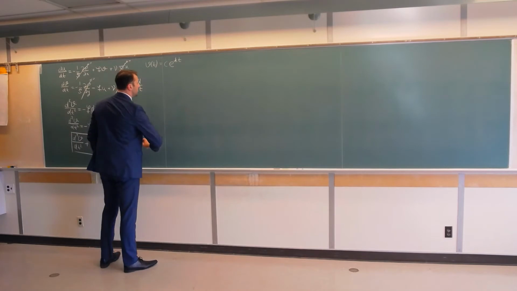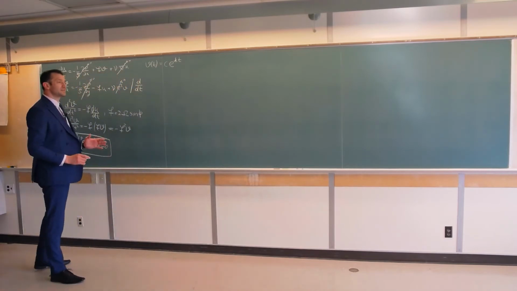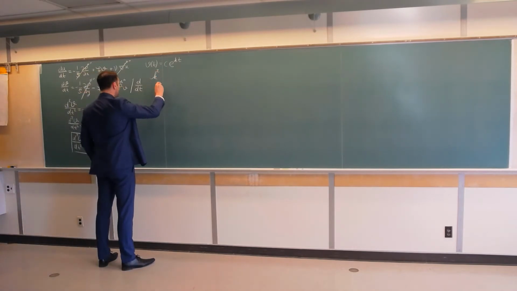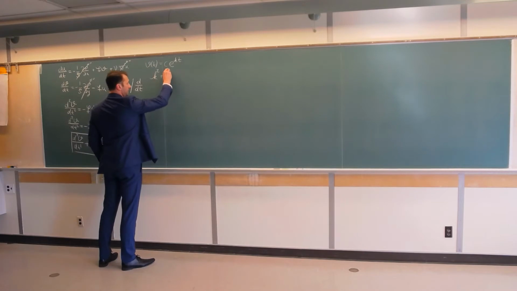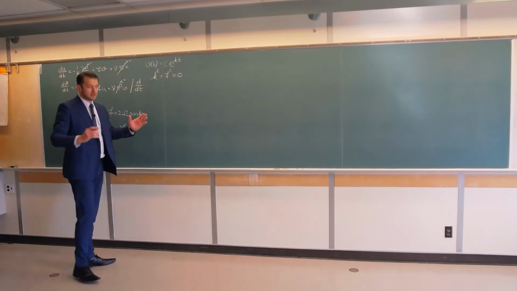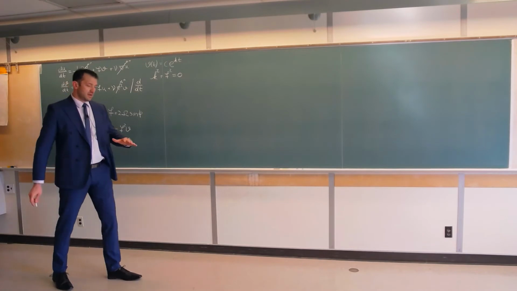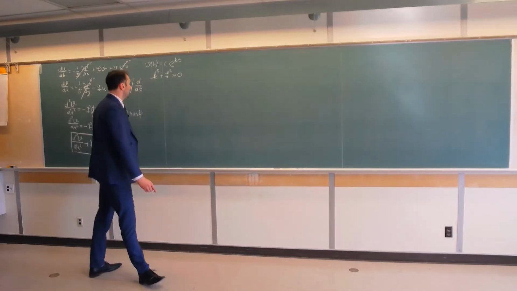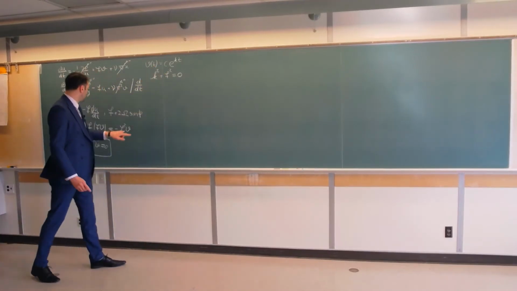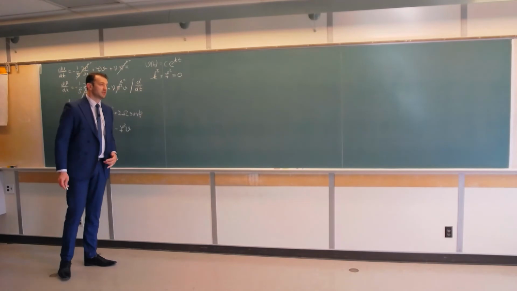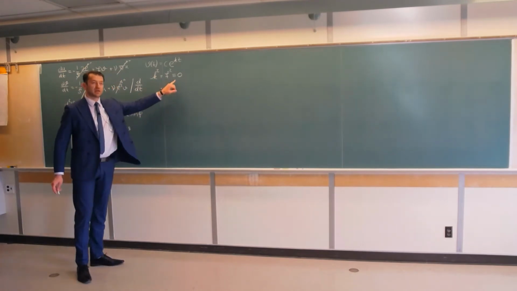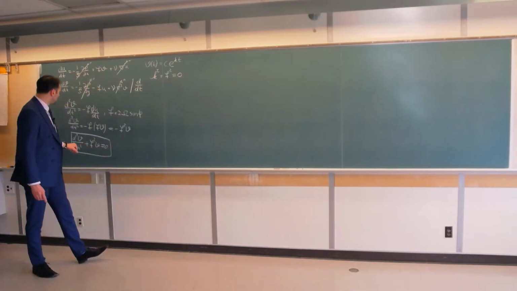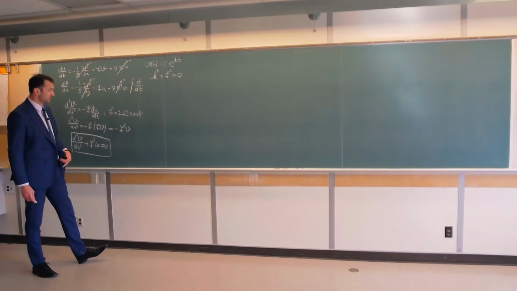So if we do that, we will get the so-called characteristic equation for this differential equation, which is k squared plus f squared equals 0. You can see I skipped some steps over here, and these are steps that I will explain in more detail in some future videos. But basically, if you plug this in over here, you will get this equation. This is the differential equation, and this algebraic equation is called the characteristic equation of this differential equation.